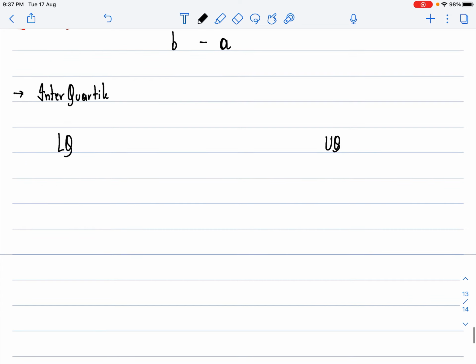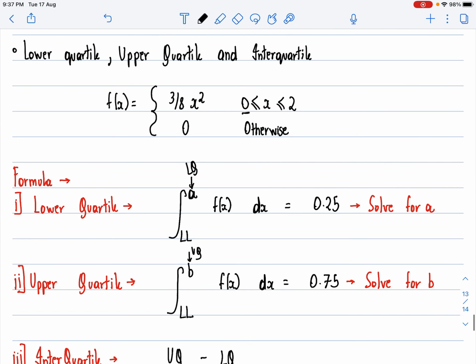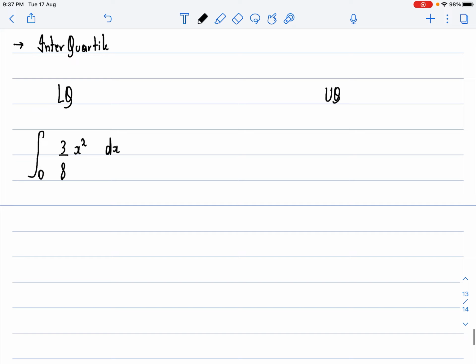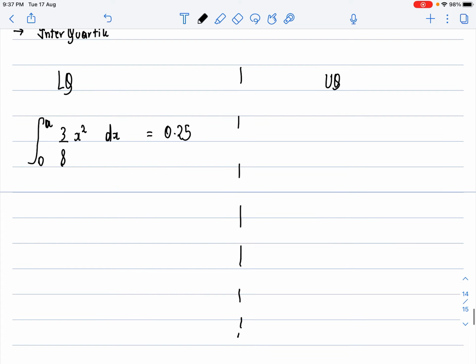For the lower quartile, I'll integrate f(x), which is 3/8 x squared dx, from the lower limit, which in this case is 0, to a, which is equal to 0.25.